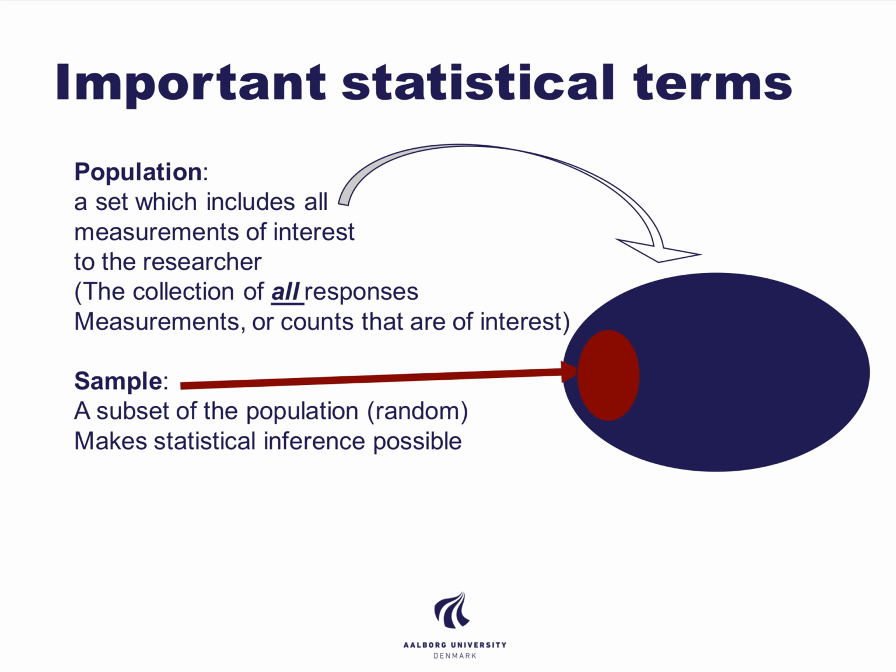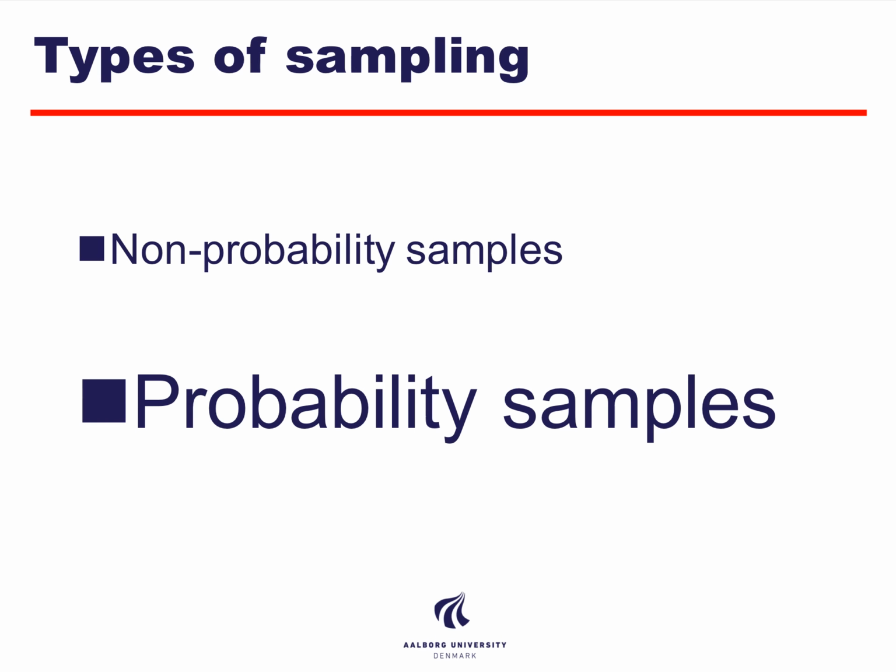But in order for that to be possible, we need to make sure that the way we sample is reflective of the entire population. That means we should somehow sample subjects randomly from a background population, because only then will these statistical inferences be possible.